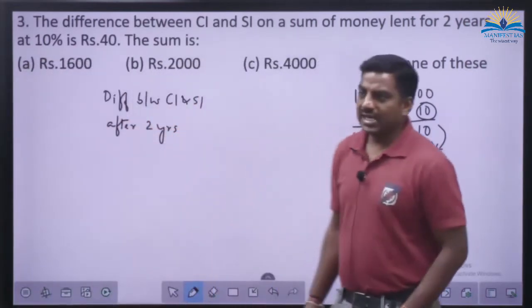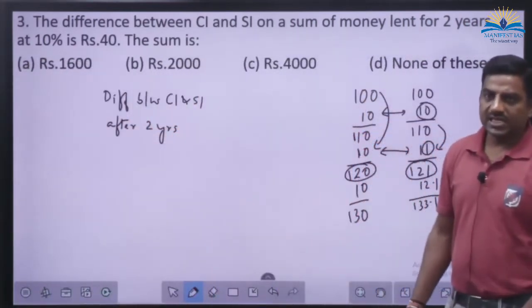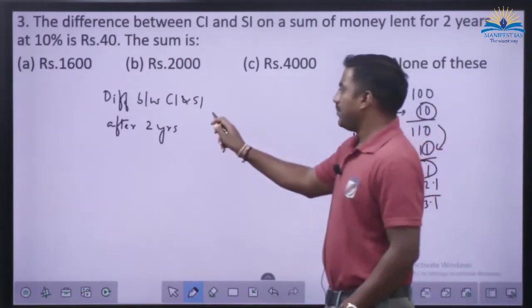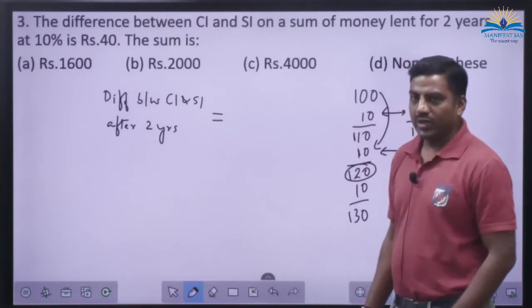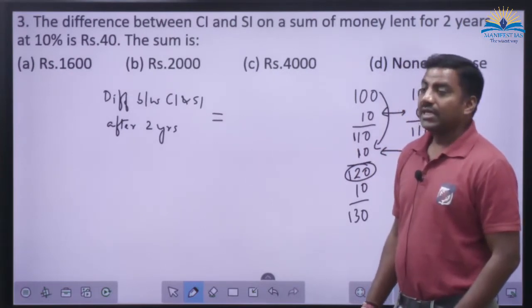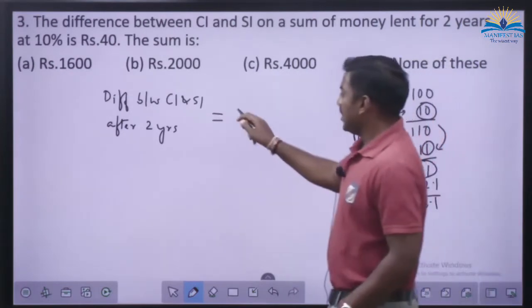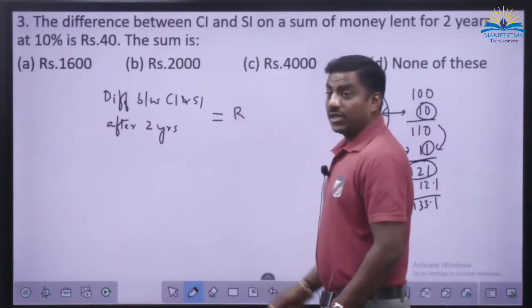If the compounding is happening every year, that means calculation is done every year. So here what will happen? The difference between compound interest and simple interest after 2 years is basically the interest on interest.